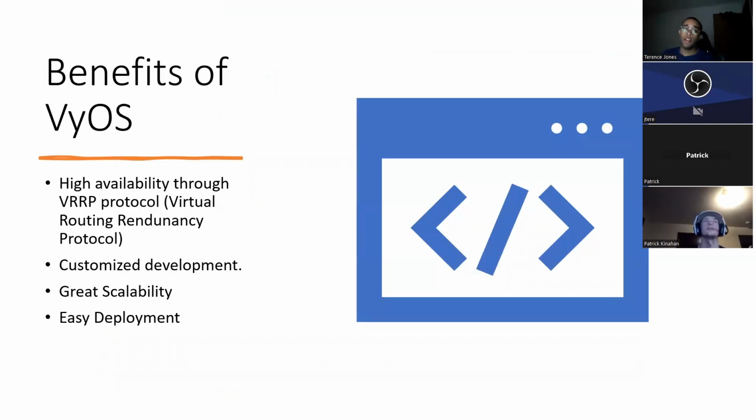Some of the benefits of VyOS are high availability through Virtual Router Redundancy Protocol. What I saw with this is the ability of the OS to pull resources from other virtual machines within a network.